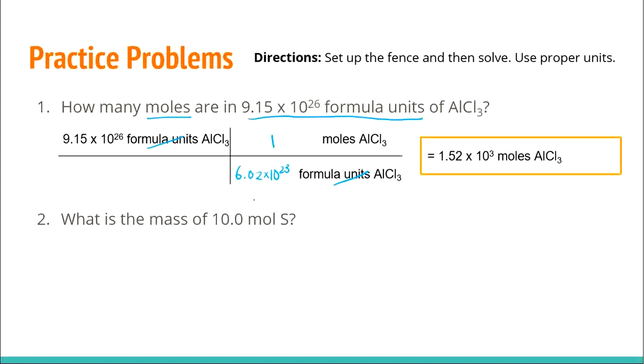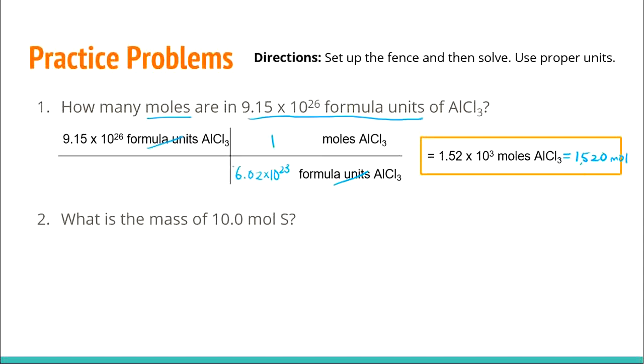Now I'm rounding all of my answers so that I have a total of 3 numbers. And so here I turned it into scientific notation, but if you're not familiar with that, I know we learned about it previously, you could write the answer as 1,520 moles. It's the same thing.